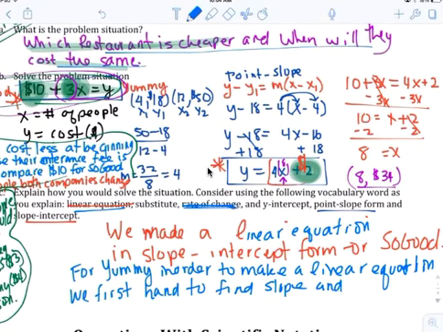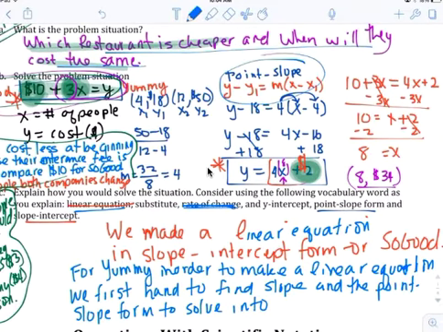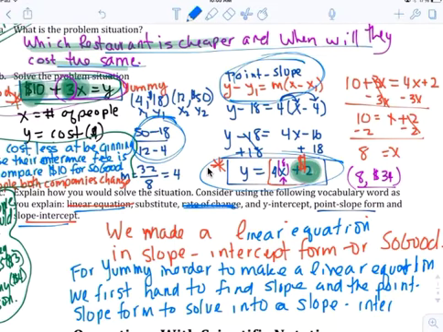And then point-slope form. Found the rate of change, then used point-slope form to solve into slope-intercept form.